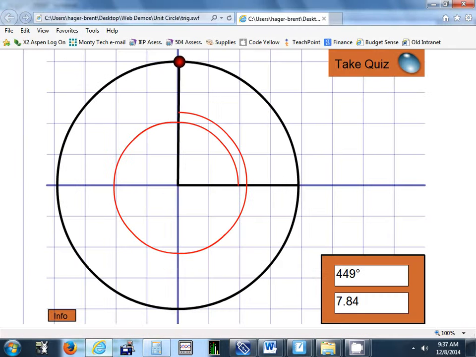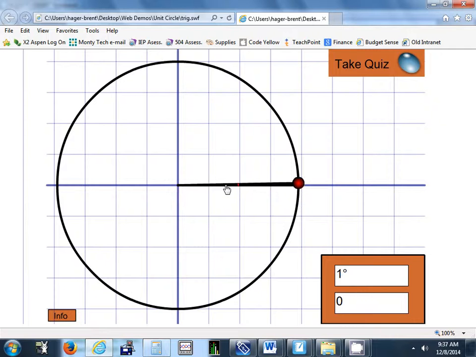Okay? And you can see that in this diagram. So 0 radians is the same as 0 degrees. Notice it's all decimals, all decimals, all decimals, till you get to 30. 30 is pi over 6. This is the one we're going to do in a second. Let's look at 45. 45 is pi over 4.